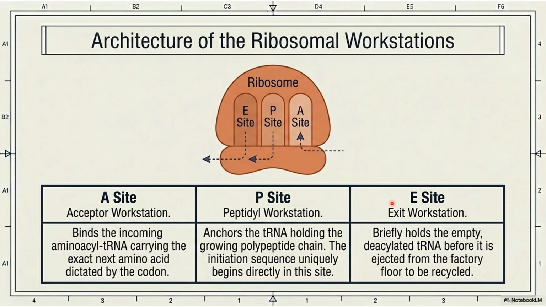Here in the exit site, the deacylated tRNA, that is the empty tRNA, will be ejected from this factory. So this is the factory setup. Here accepting is taking place, here holding is taking place, here the exit process is taking place. So the ribosome is a workstation for protein synthesis.